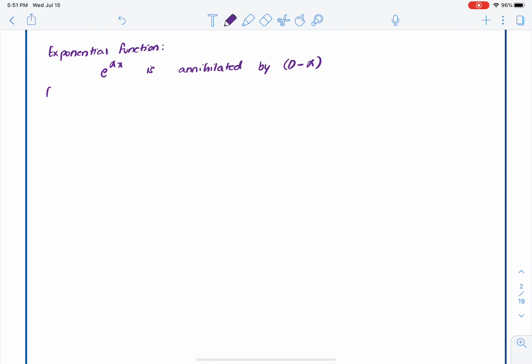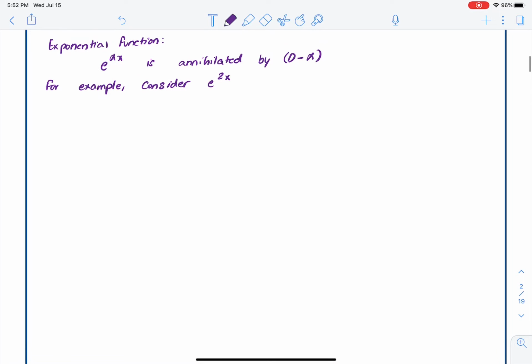For example, consider e raised to 2x. My argument is e raised to 2x will be annihilated by d minus 2.